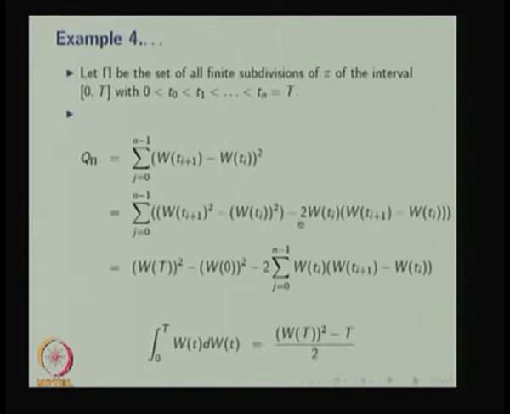So you will get W of t whole square minus W_0 whole square, minus 2 times the summation of W of t_i multiplied with W of t_(i+1) minus W of t_i. That's what we want as n tends to infinity.